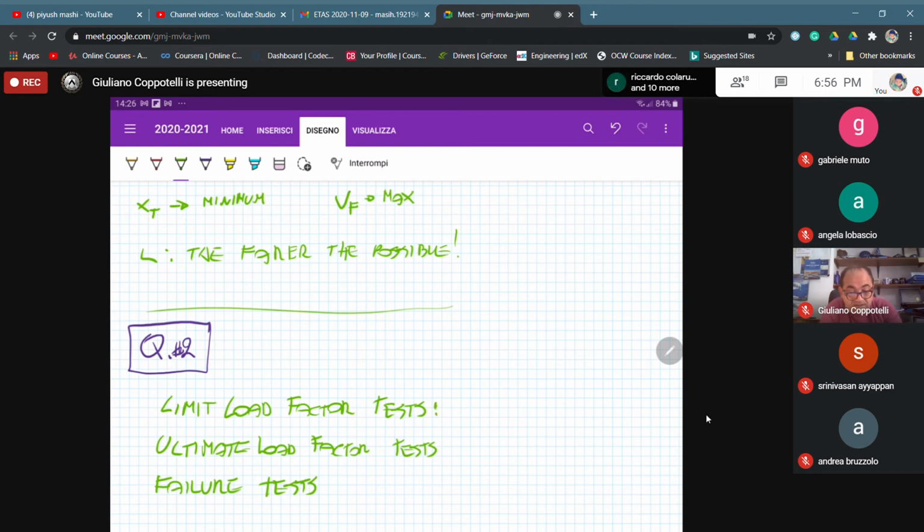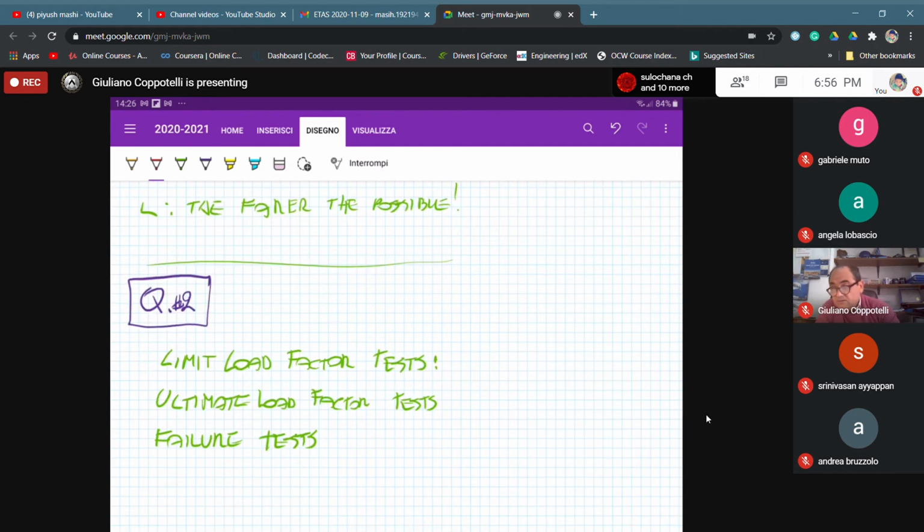Just to discuss what we can do with the limit load factor test, what I should have written there are some comments concerning the fact that these are useful for checking or assessment of the elastic behavior.